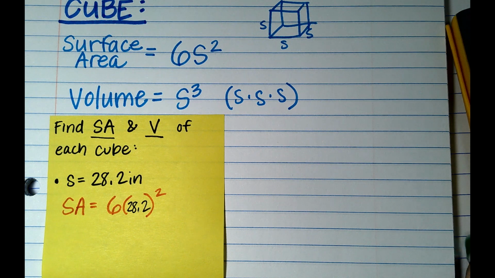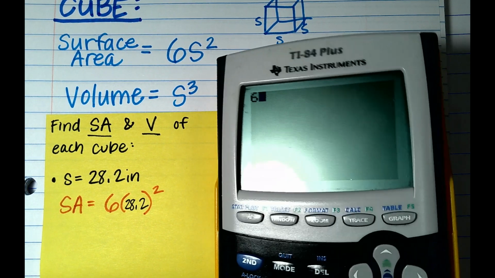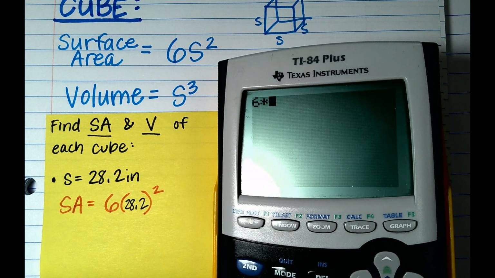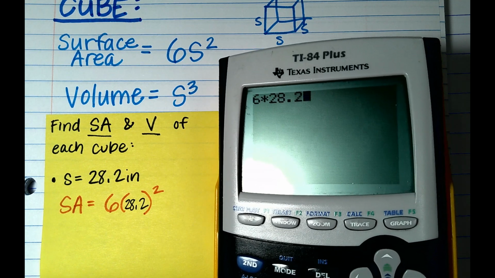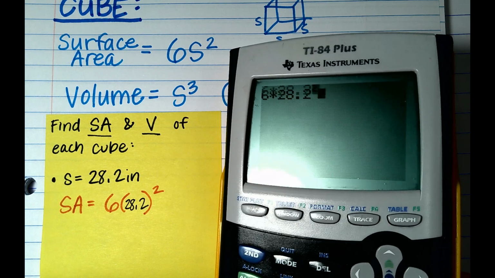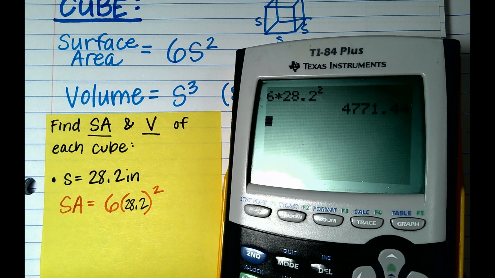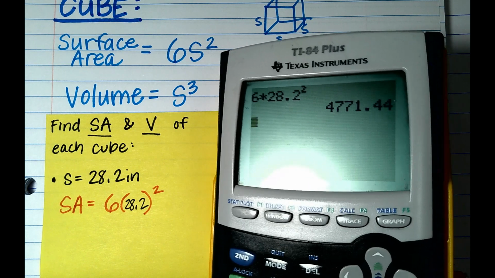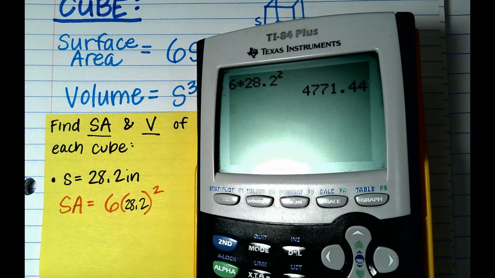So let me do that. 6 times 28.2. And for squared, we can just hit the x squared button. And we get a very large number, 4,771.44.